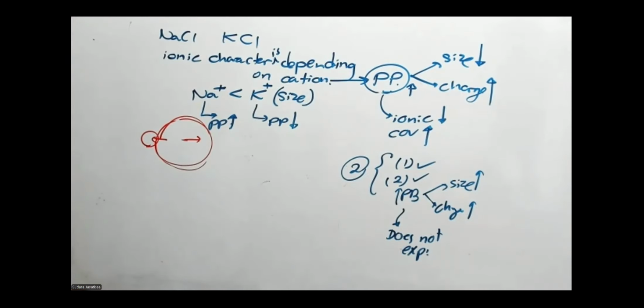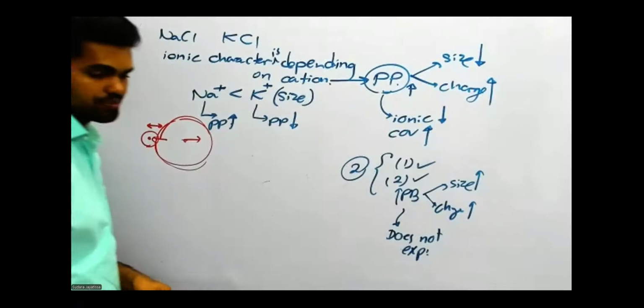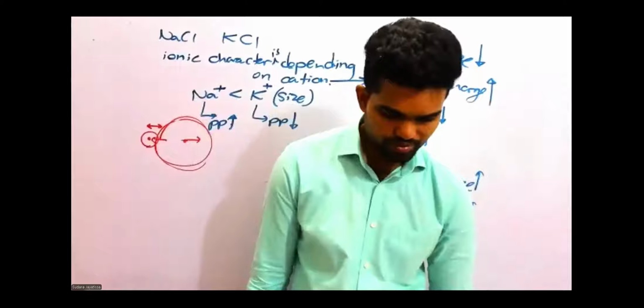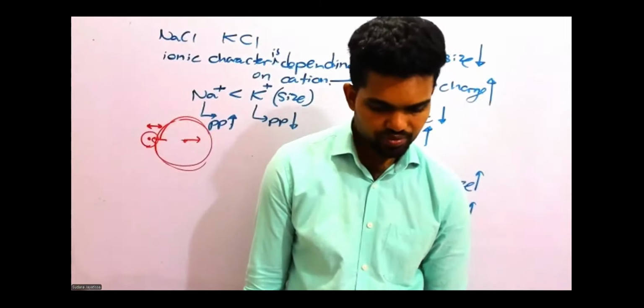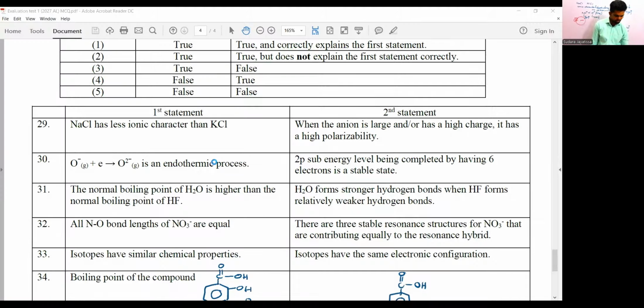Because of that smaller size, the sodium nucleus is at a very low distance from the anion's electron cloud and nucleus. So sodium can do the polarization action very well. That's the reason. Remember that part. Students usually get confused with this one, so I have to repeat it.